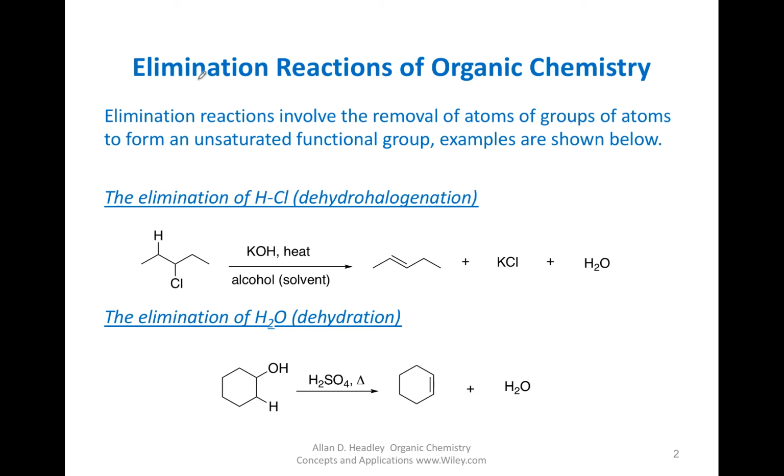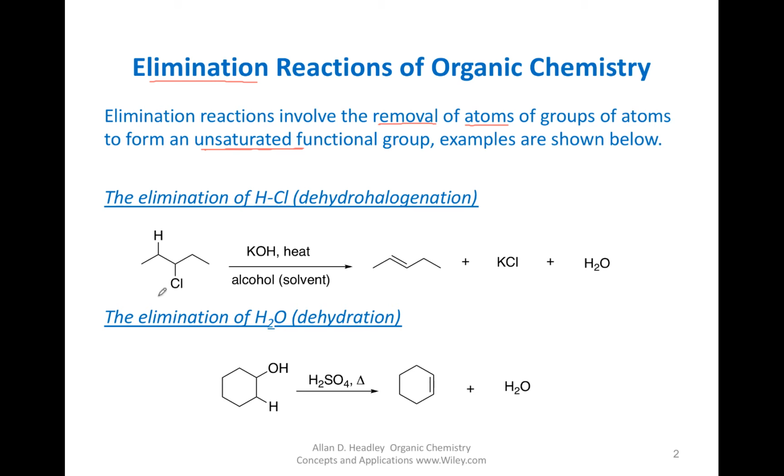So elimination reaction, as the name suggests, is the elimination or the removal of atoms or groups of atoms from a compound, typically saturated, to form an unsaturated functional group, typically an alkene. So we have seen this type of reaction when we looked at the general types of reactions of organic chemistry. So let's review.